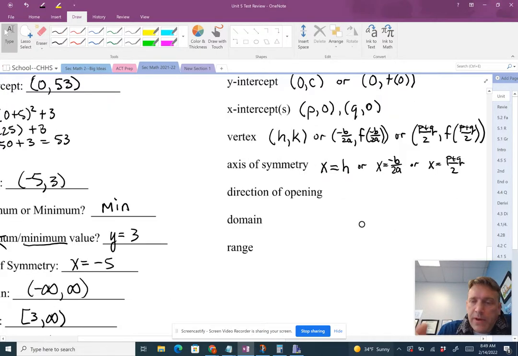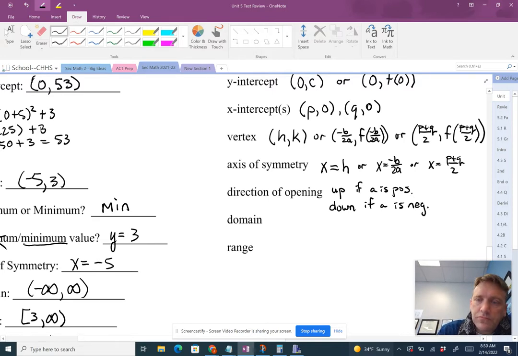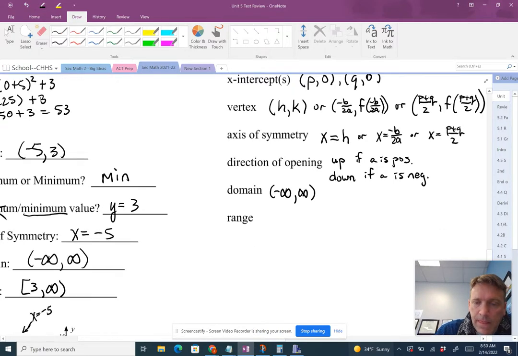The direction of opening: up if a is positive, down if a is negative. The domain is always from negative infinity to positive infinity. Remember that the domain is all of the x values.